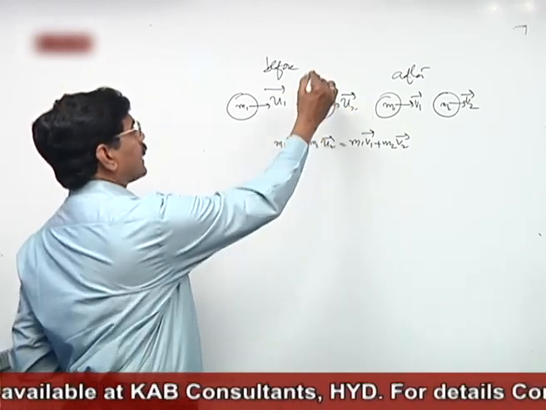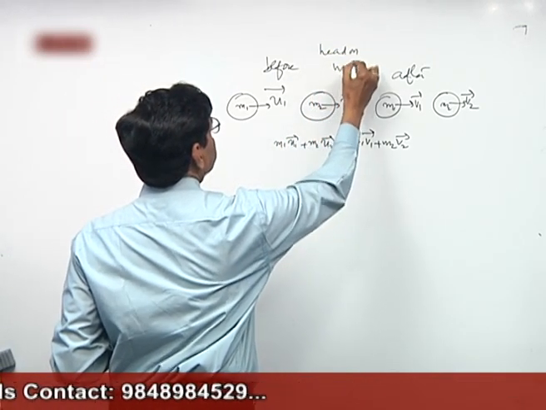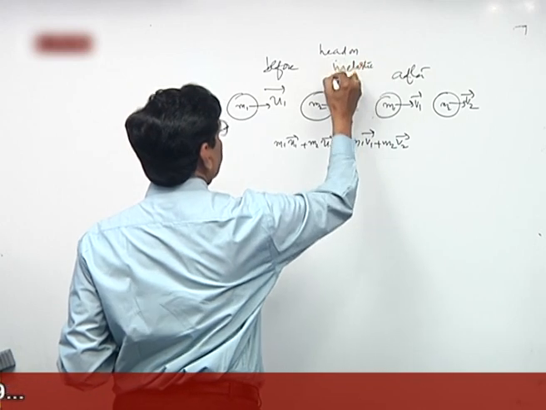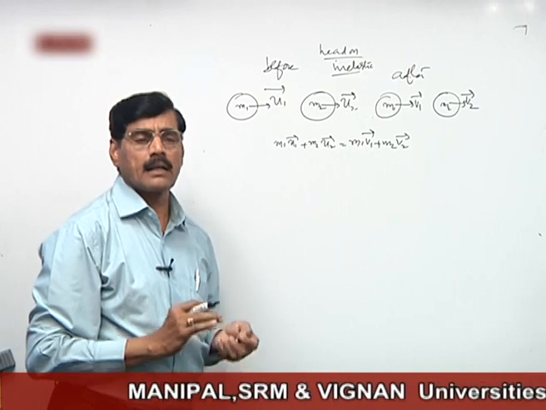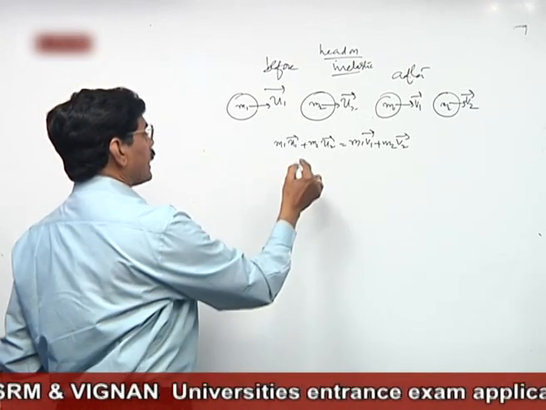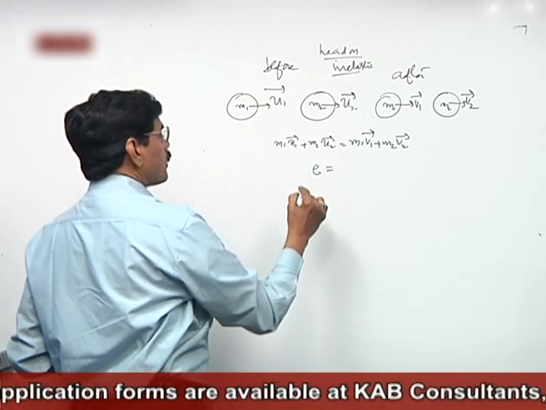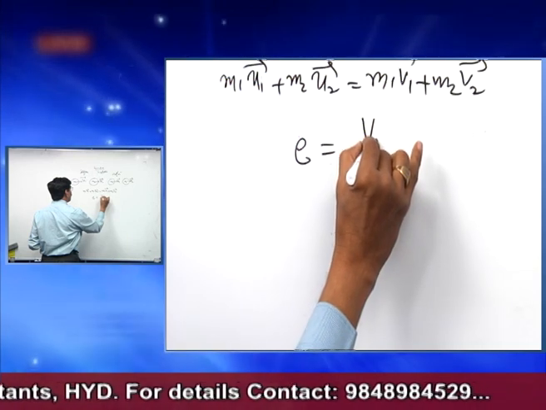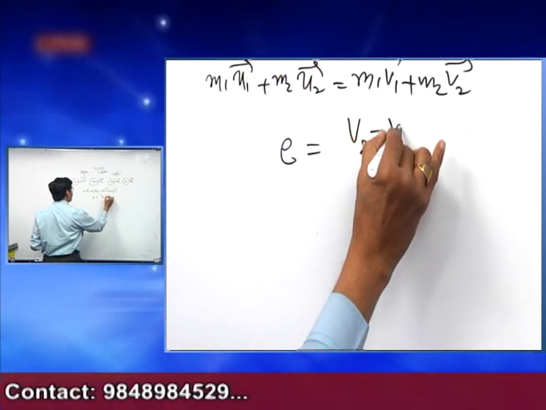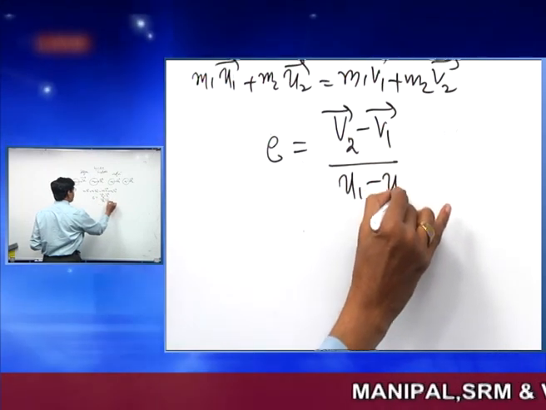Since it is a head-on inelastic collision, we cannot write the conservation of kinetic energy. Therefore, the only other equation we write is the coefficient of restitution: e equals (v2 minus v1) divided by (u1 minus u2).